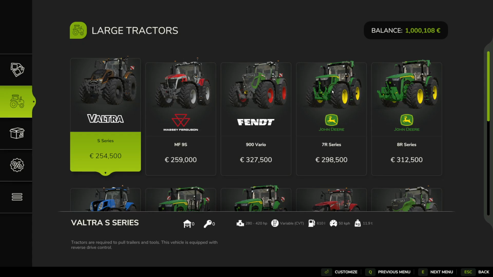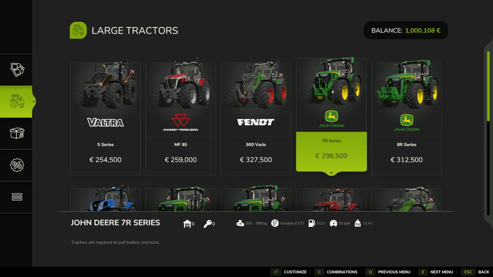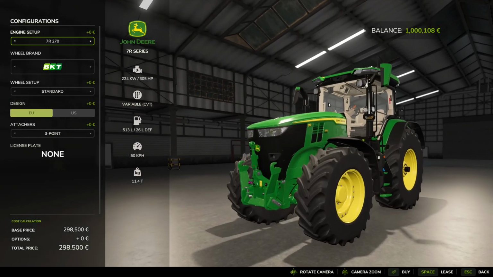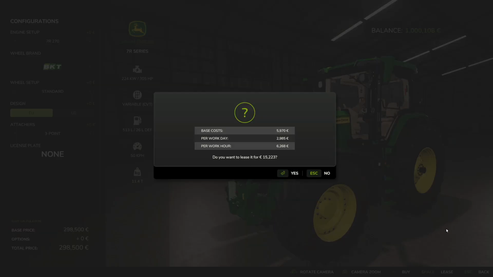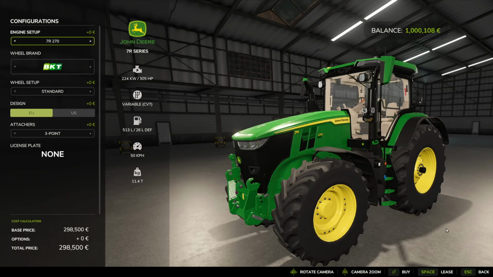I guess it might be a 7 series, and it doesn't matter so much if I'm wrong here. If we want to lease it, we have to pay $15,000, and may only use it 1 day and 1 working hour. $15,000. And to rent this plus a trailer plus a wonderful combine would only cost us $1,000 with the contract.